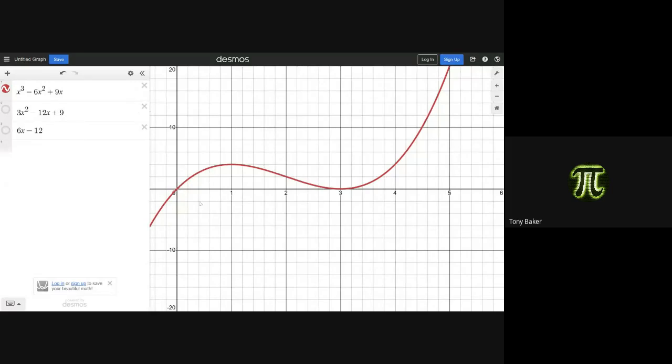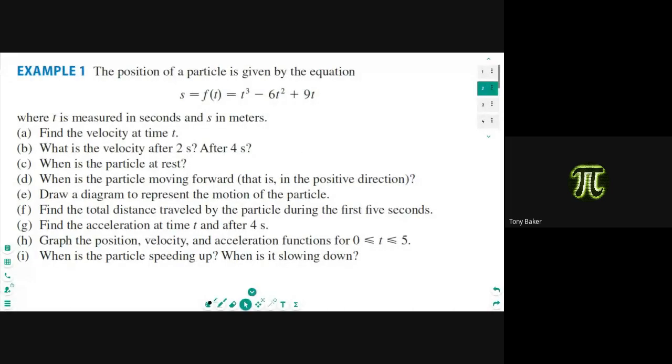Your position is the y. As you can see, it's moving to the right, then it's moving back down, and then it's moving back up again. So you have that same concept of what I just showed you in the picture a second ago. All right, so how do I find velocity? Give me the derivative of it.